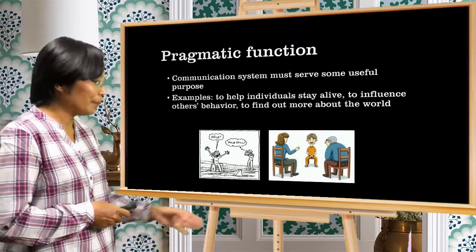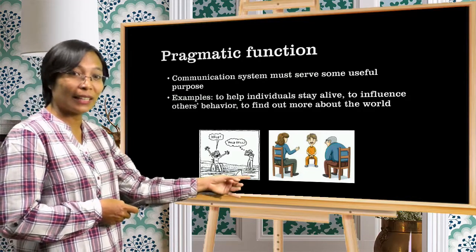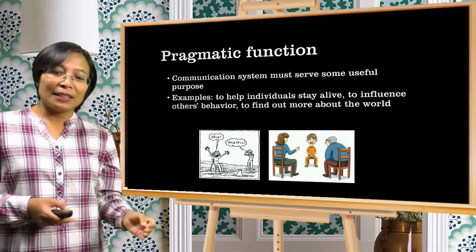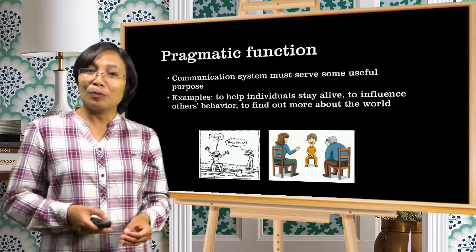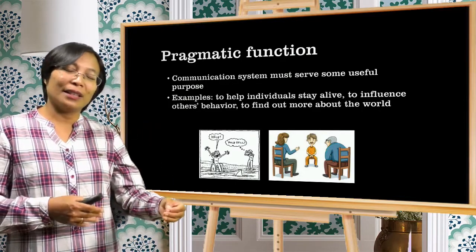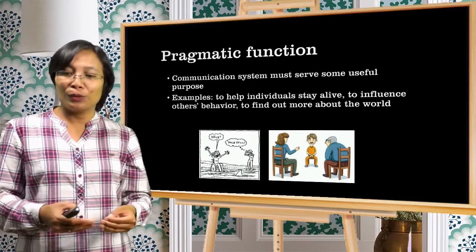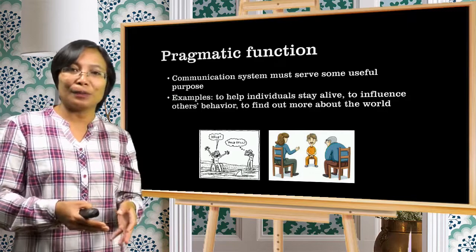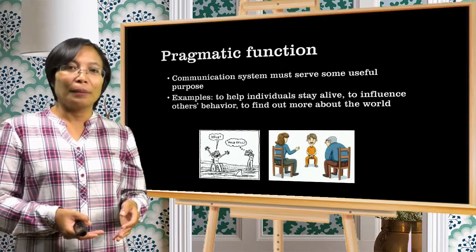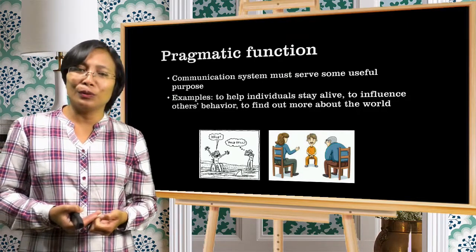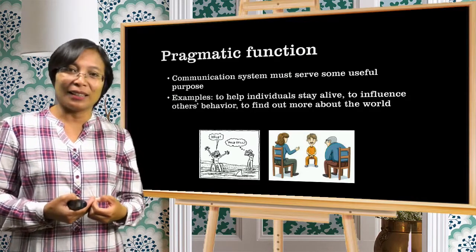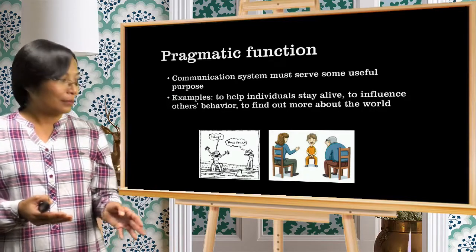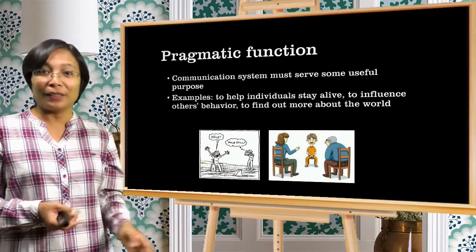The second example, in the second picture here: the lady and the man in blue are trying to influence the middle man's behavior, or maybe they are trying to interrogate the old man over there.